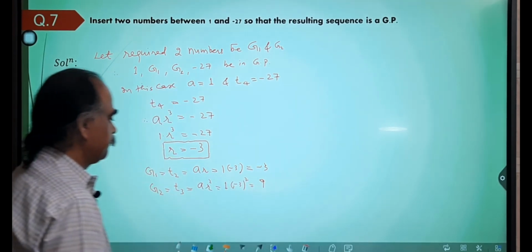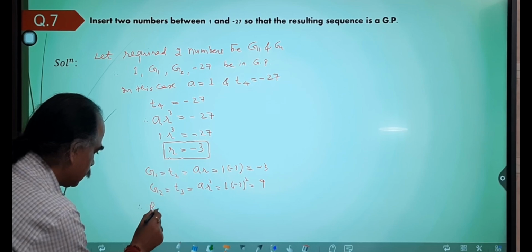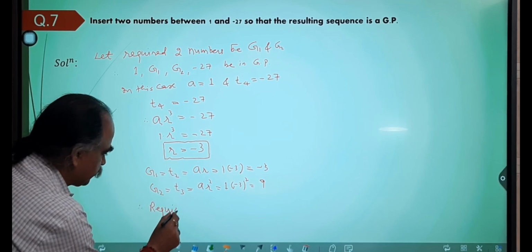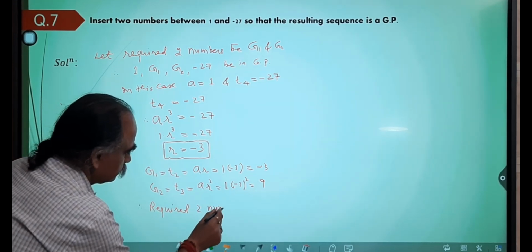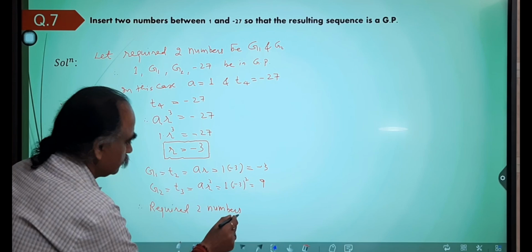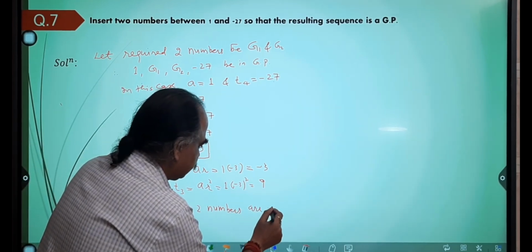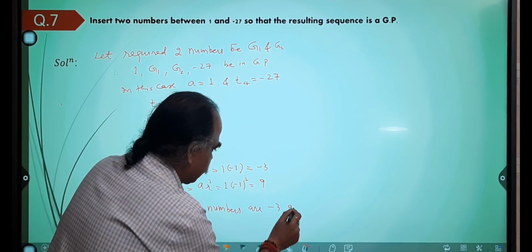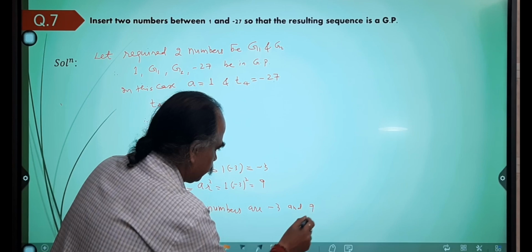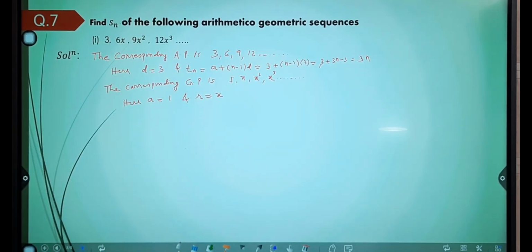It will be 9. Therefore, required two numbers are minus 3 and 9. See the next problem.